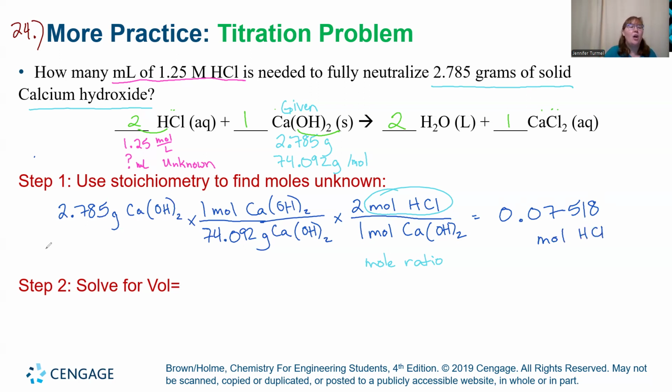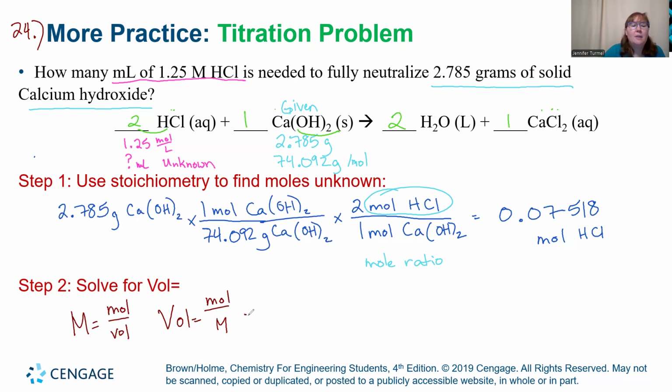Now I need to solve for volume. If molarity is equal to moles per volume, then that means that volume is equal to moles over molarity. So how are we going to do this?